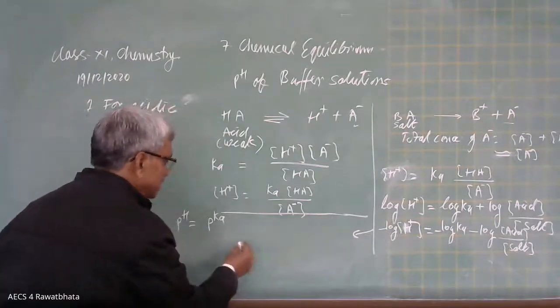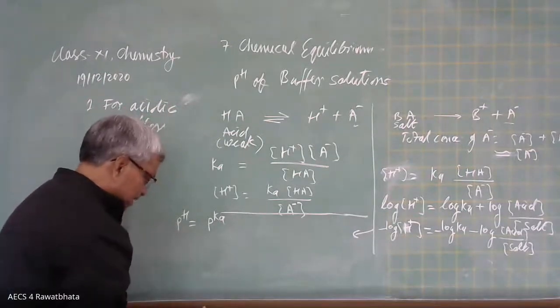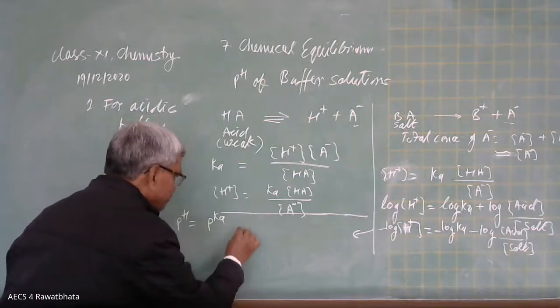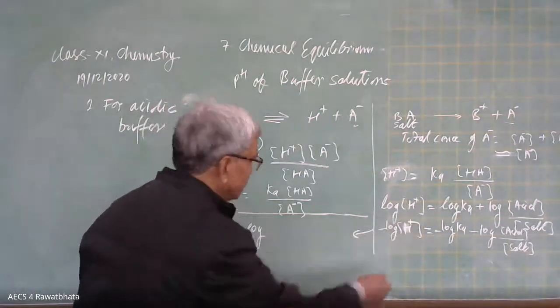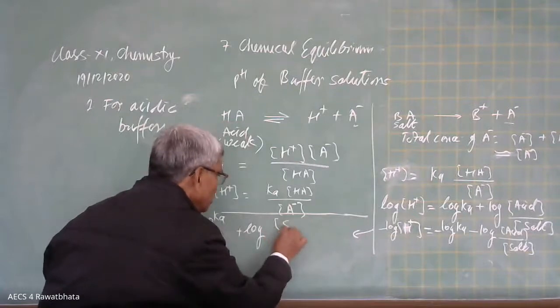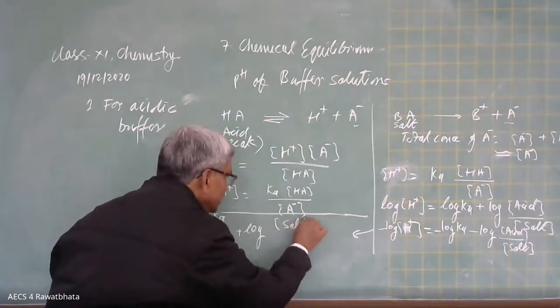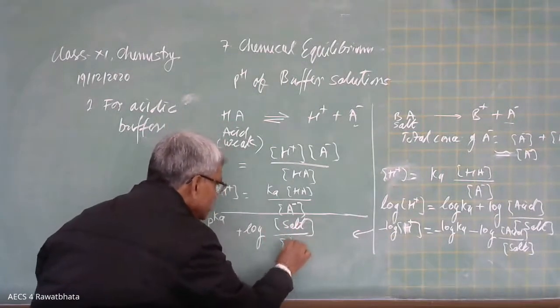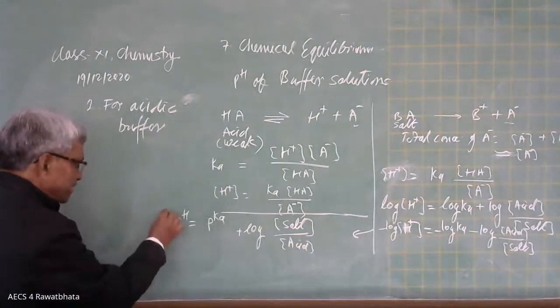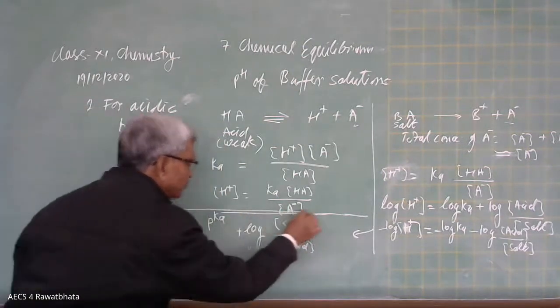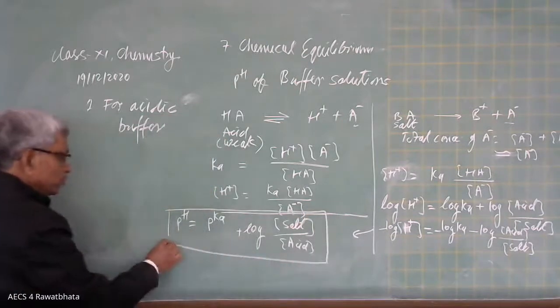Then it is plus log, as the minus is removed, of the molar concentration of salt divided by the molar concentration of acid. This is the equation for the pH of a buffer solution.